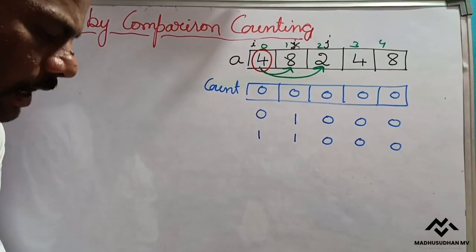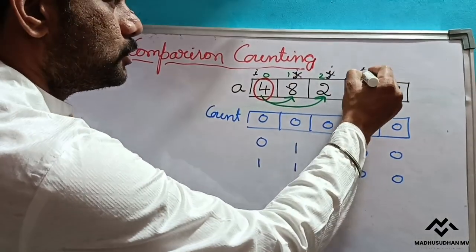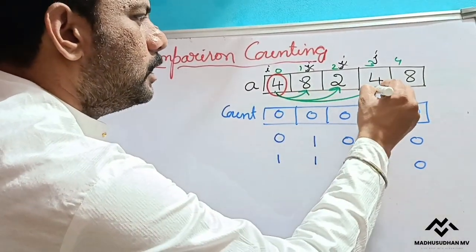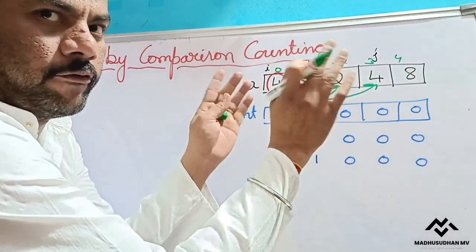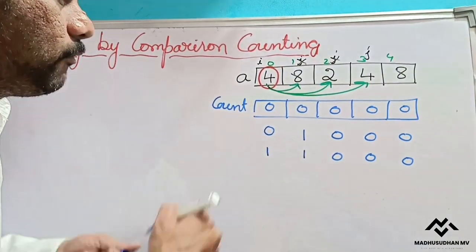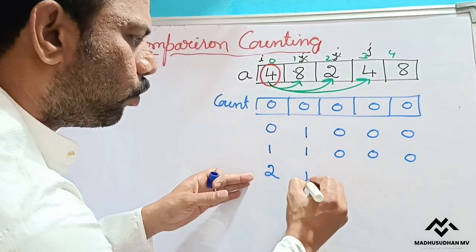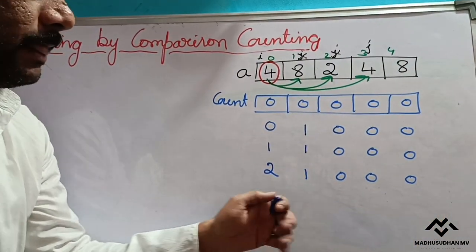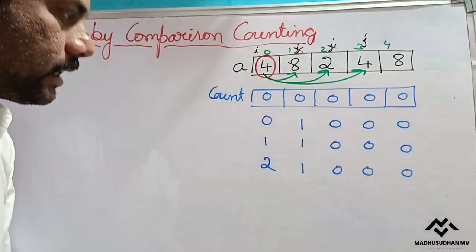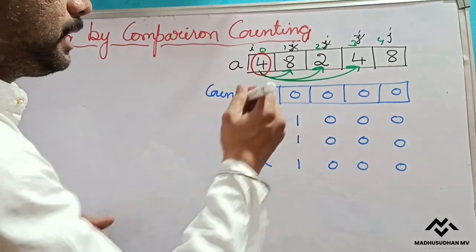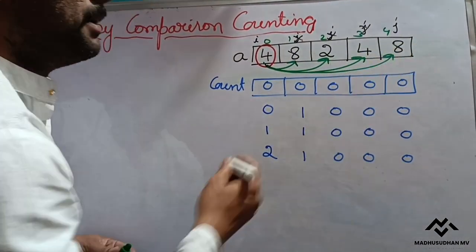Similarly, I increment j to the next position and compare 4 with 4. Is 4 lesser than 4? False. So I increment the 4 count only: 2, 1, 0, 0, 0. Next, I move j to the next position and compare the first element with the last element.